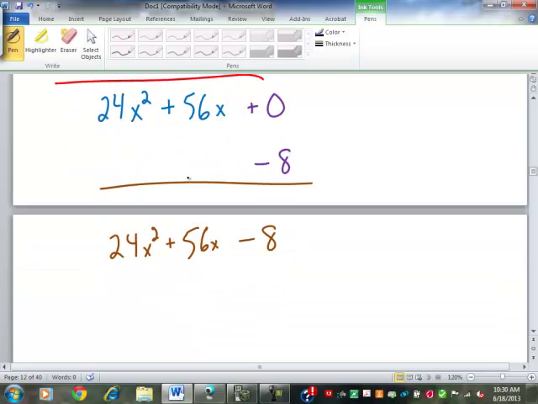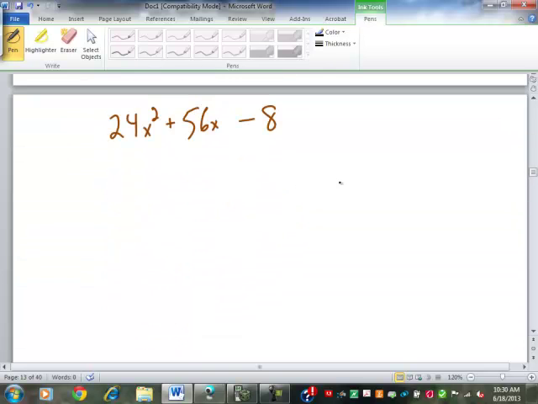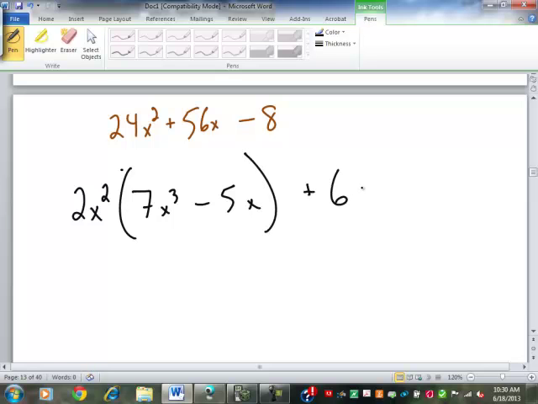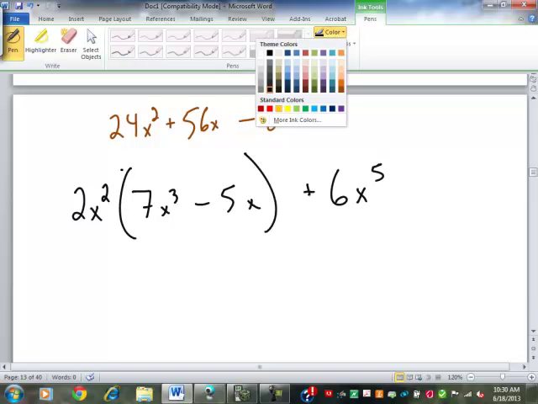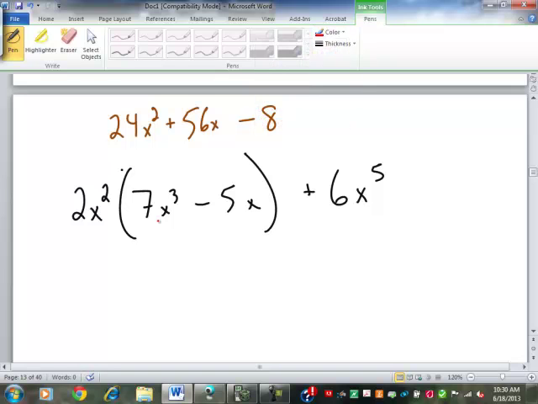What if instead of having a minus 8 on the end, I had something with a variable on it? What if I had this? Something like that. What do I have to do first? Anything in parentheses to do? Nope. So I have to do to the parentheses, which is the multiplication. So I do have to do the 7x to the third minus 5x times the 2x squared.